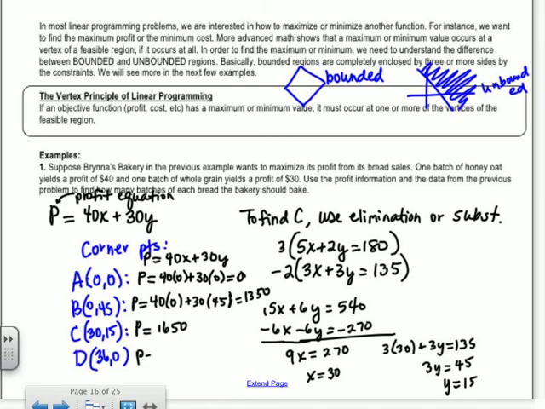And the last one is just 40 times 36. Do you guys see where I'm getting these? 1440. Okay, so because of that vertex principle that I have above, one of these has to be the maximum. Well, which one's the maximum then? C, that's it. Okay, so your maximum was 1650, or $1,650.